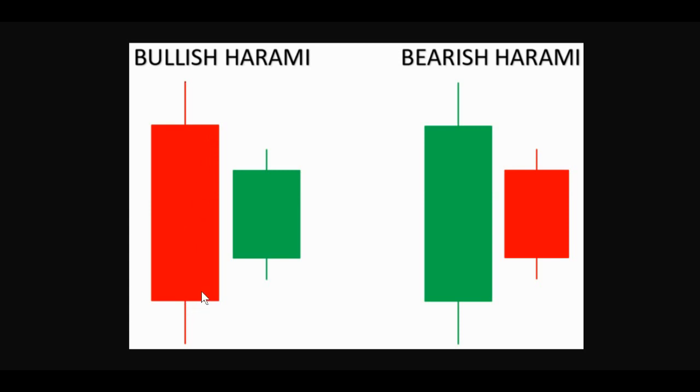But then after that, you have another one where it gaps up and then goes up, so it's going to be a green candle. It does not go up above the top of the previous candle, but it still goes up, and that seems bullish. It's not super bullish.